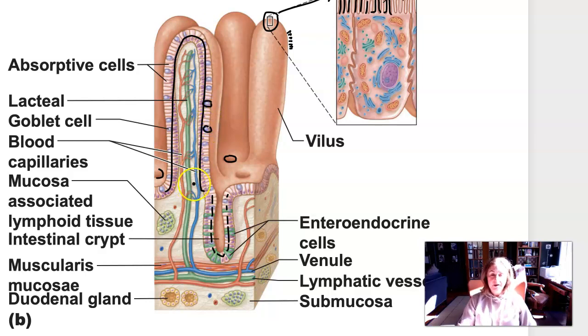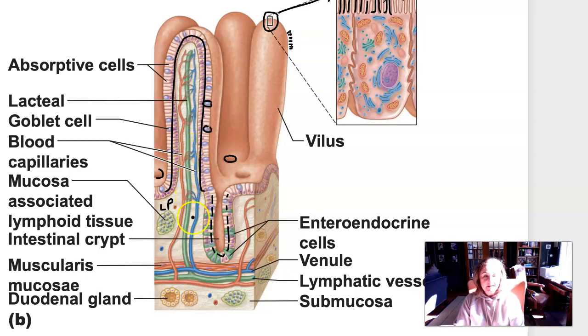We know that the connective tissue right below the epithelium, this loose connective tissue, is nicknamed the lamina propria. We can see the capillary beds in the lamina propria, and you can see the lymphatic capillary in the lamina propria. And one thing to notice here is that each villus, each of those finger-like extensions, will have its own capillary bed and its own lymphatic capillary.